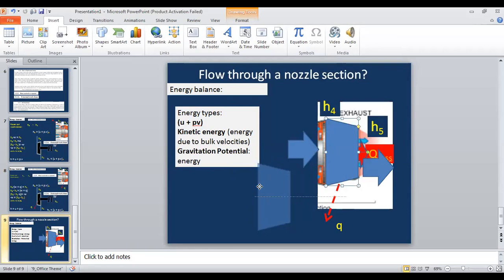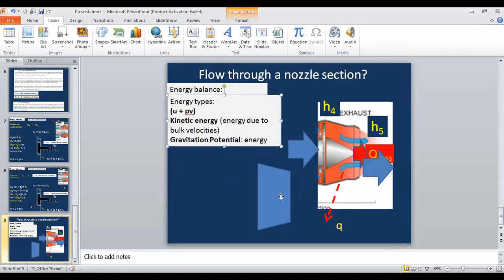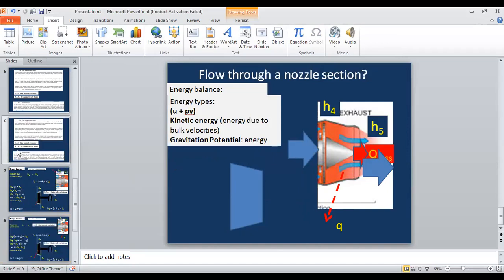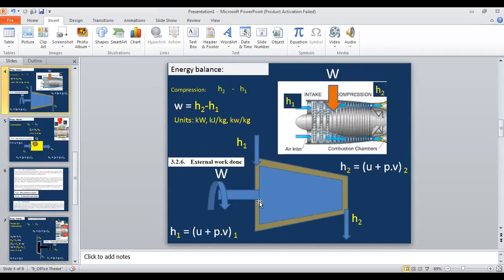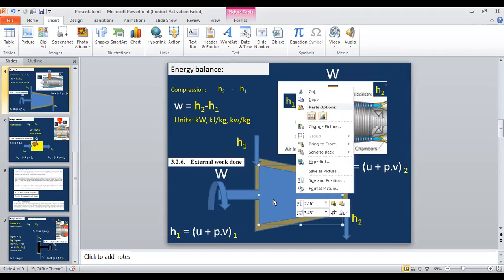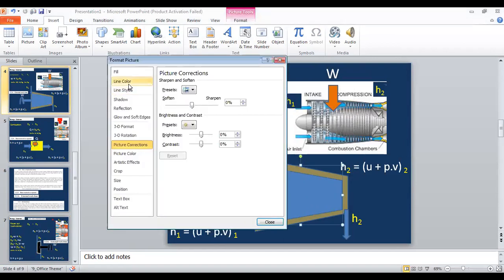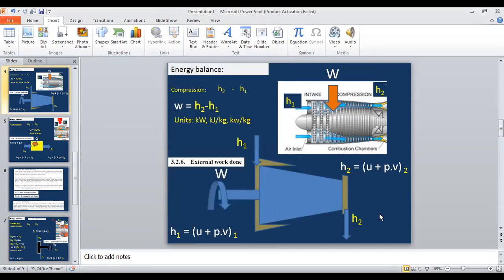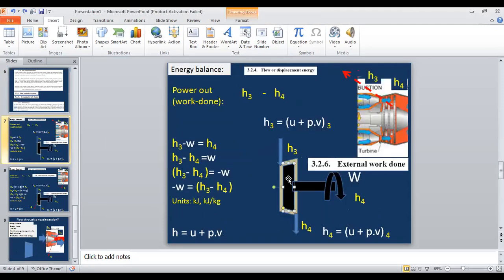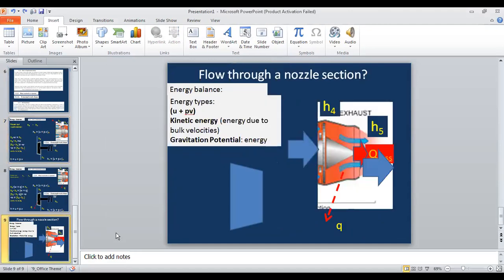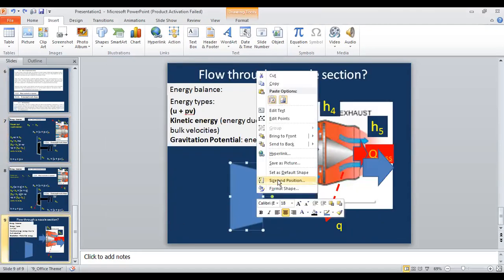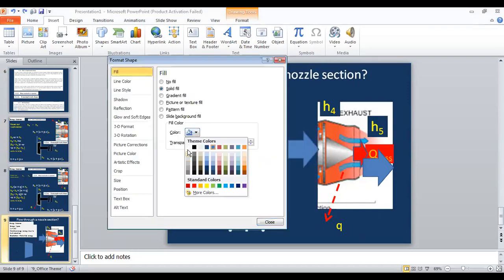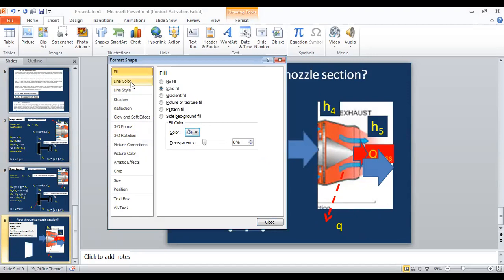But the point is, inside, no moving parts. That's the point. Compression, same way, but you have the moving part. Here you have the moving part. Even the turbine, you have the moving part. But here, no moving part. So inside, consider empty. It's a space only.